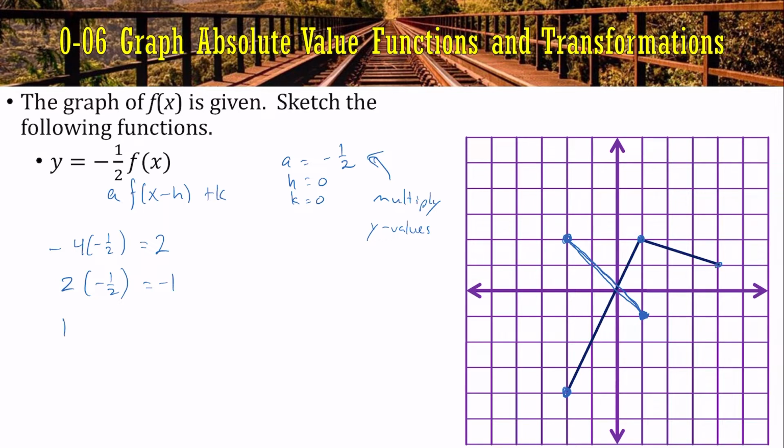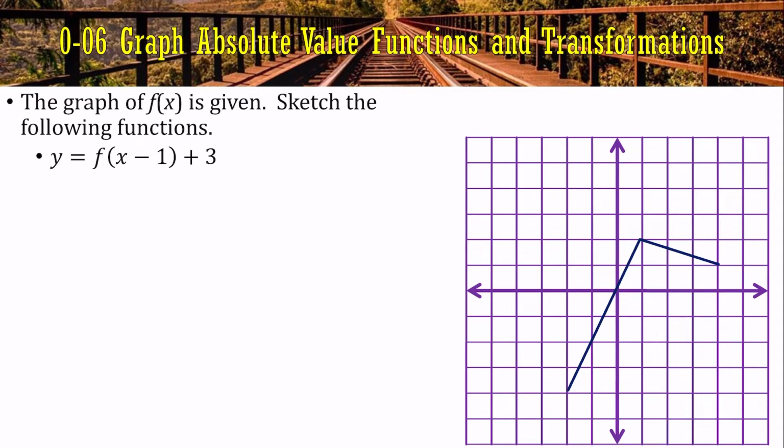The y value is 1. I'll multiply it by a negative 1/2 to get negative 1/2, which would be about right there. So there we have it. It is flipped upside down because the a is negative. It's reflected over the x-axis, and it is half as tall.